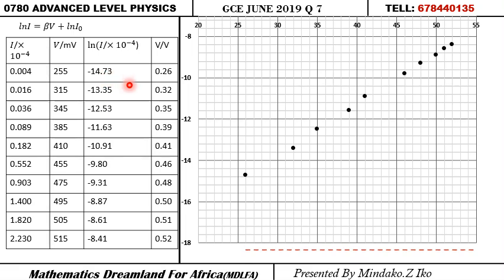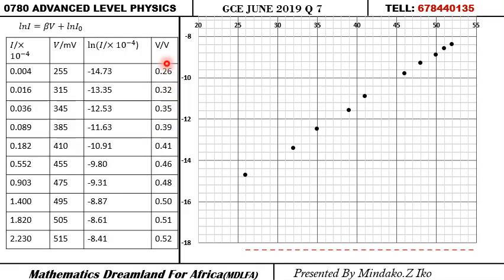Now you notice again that from here, if I decide to round up this 6, I'll have 0.3, and here will also be 0.3, and here will be 0.4. If you round up the values, here will also be 0.4.